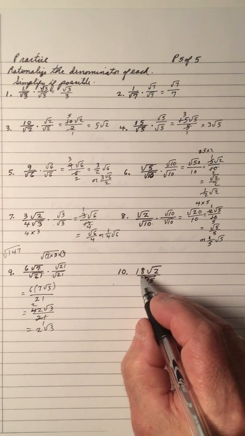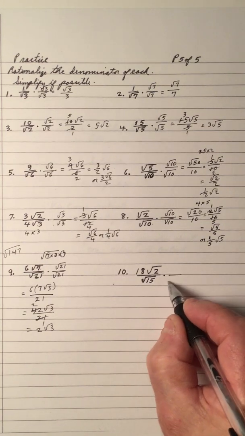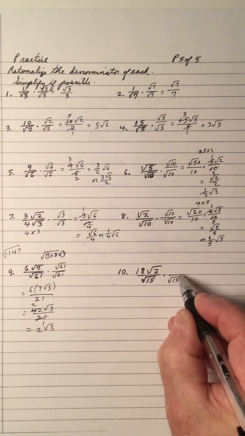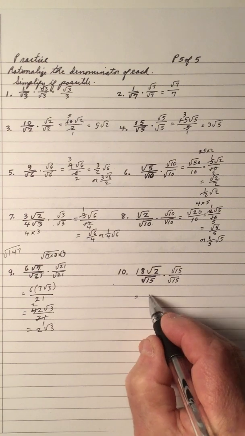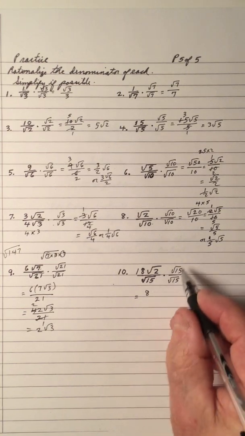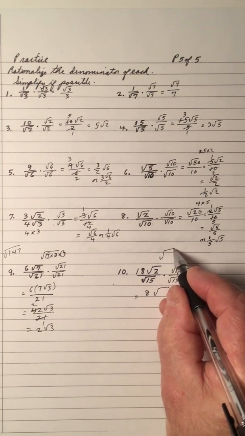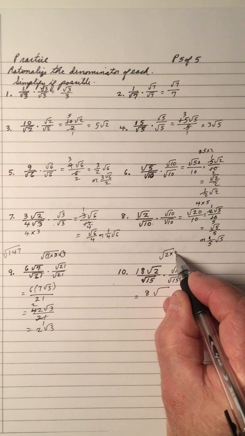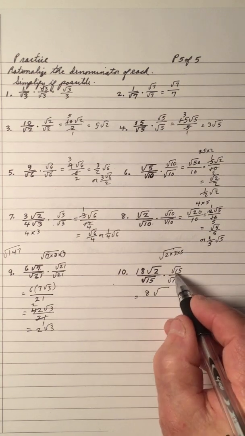And number 10, 18 root 2 divided by root 15. The conjugate of root 15 is root 15. So we multiply the top and bottom by the root of 15. That gives us 8 root 30. Now, root 30 is not too bad. Root 30 is a 2 times 15, and 15 is a 3 times a 5. So there's no even number here, no perfect square factor.